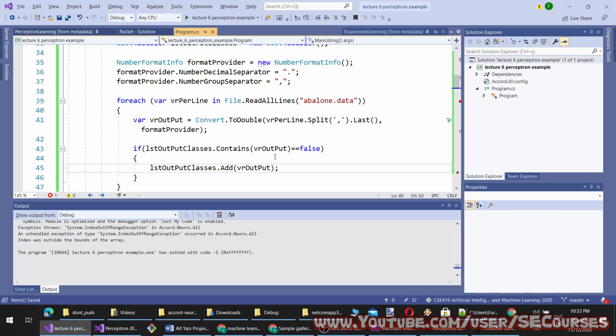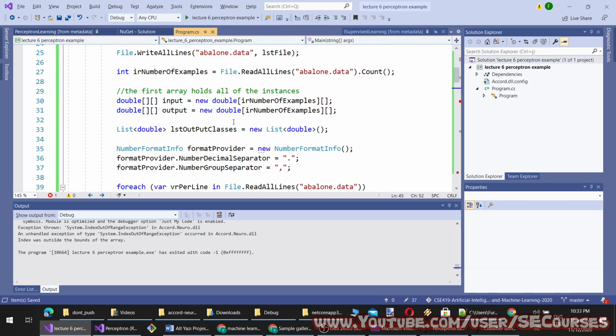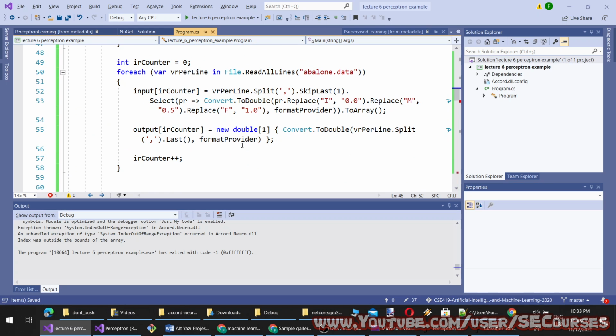I am sure there are already methods to handle all of this, but we are doing the raw method right now.